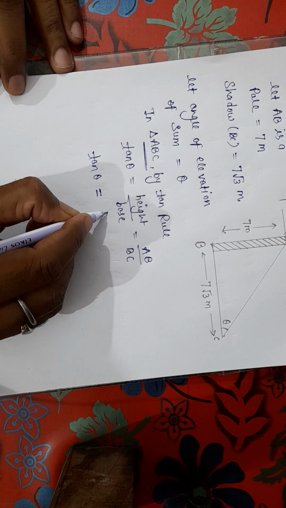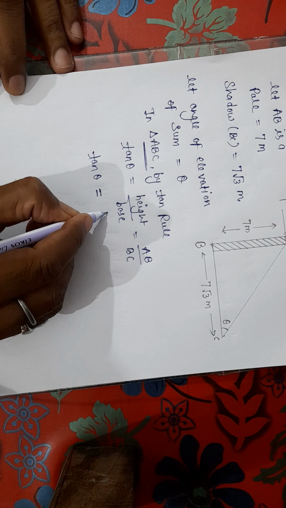1 upon root 3, because we know tan 30 equals 1 upon root 3. So we will put tan 30 in place of 1 upon root 3.